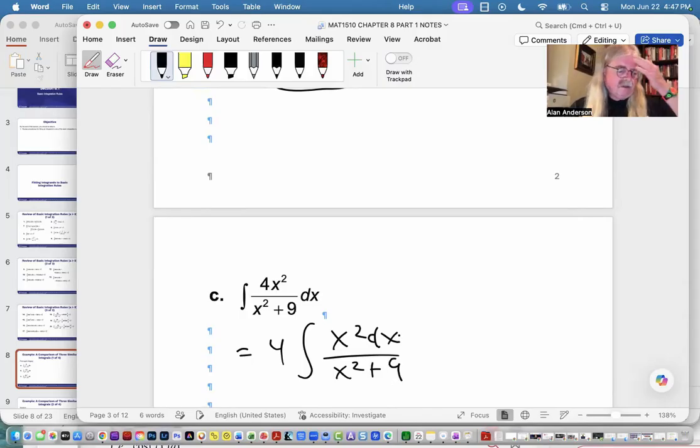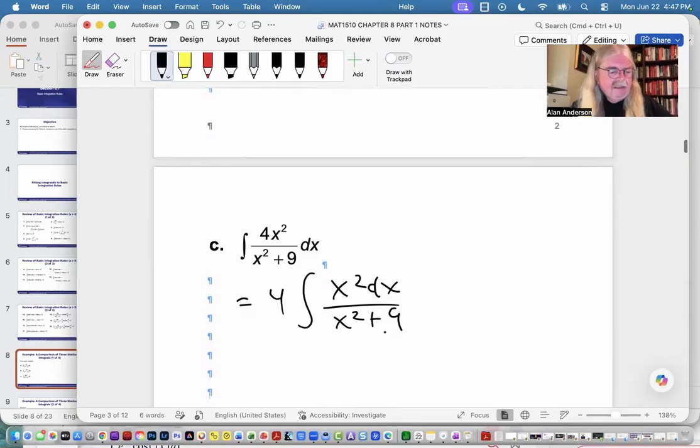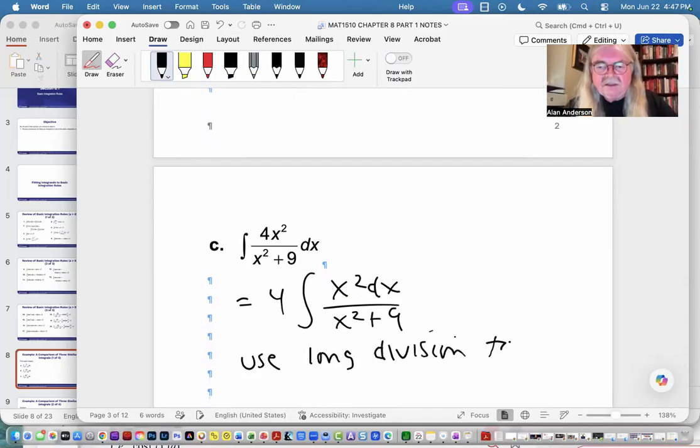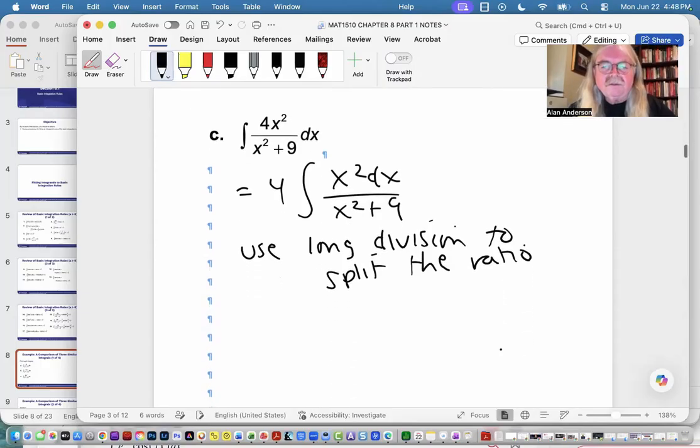Now, here's where you might want to start thinking about doing some algebra. So the book is going to recommend that we do this. Now, this is something you might not think about, but you could actually use long division to split the ratio into two simpler terms.